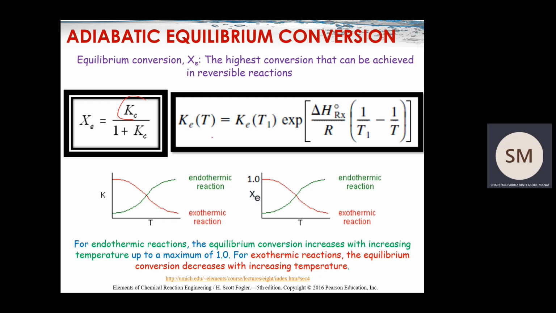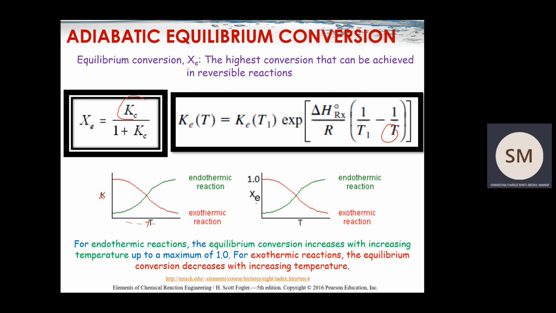Then you need to plot K versus T. Once you vary the value of T, you will have a different K value. If it's endothermic, the curve is increasing as the temperature increases. If it's exothermic, K decreases as the temperature increases.